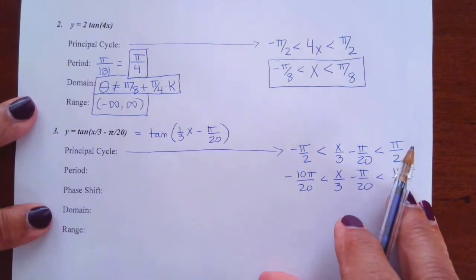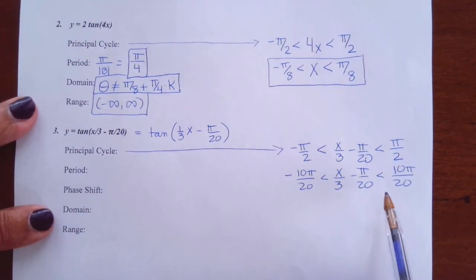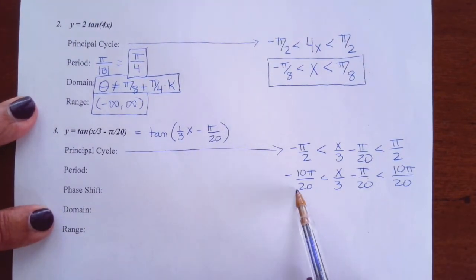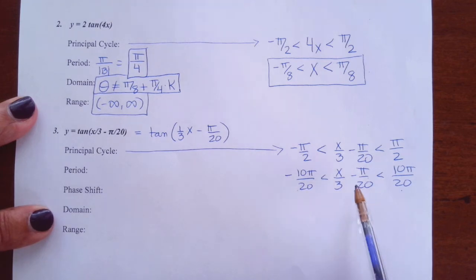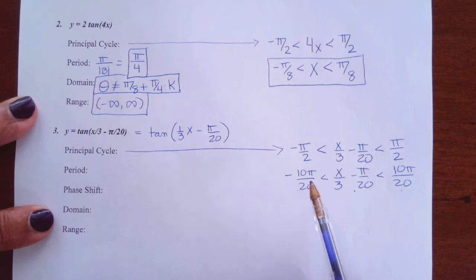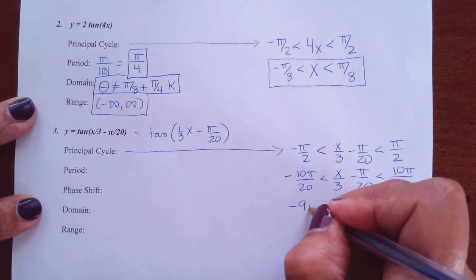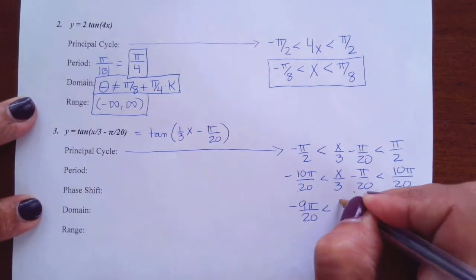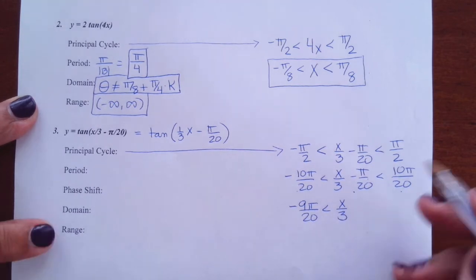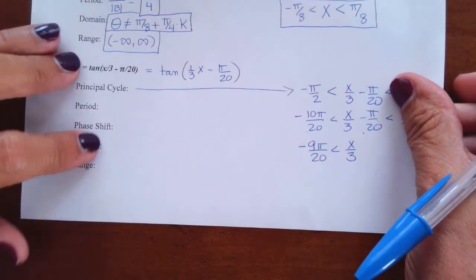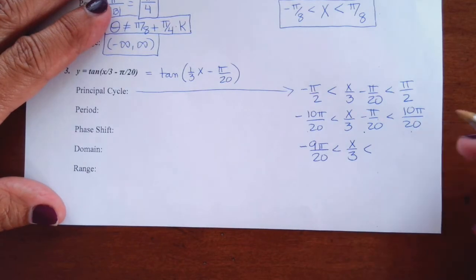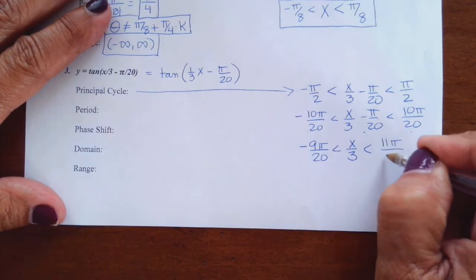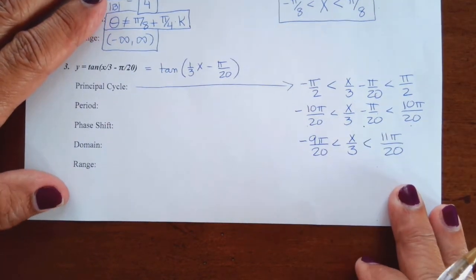All right, so now to solve, we're going to add pi over 20 to all three sides. We're going to add pi over 20 here, add pi over 20 here, add pi over 20 here, which is just 1 pi over 20. So if we add 1 pi over 20 here, we're going to get negative 9 pi over 20. If we add pi over 20 to the middle, we're going to get nothing, so that's gone away. And if we add 1 pi over 20 over here, we get 11 pi over 20. Okay?